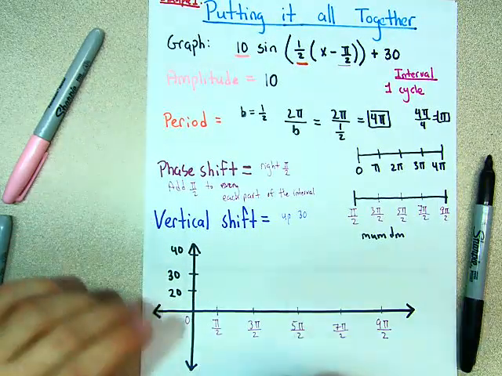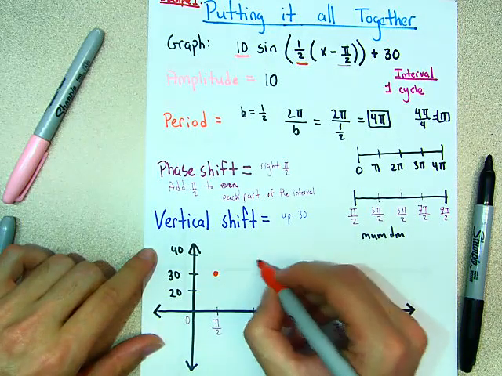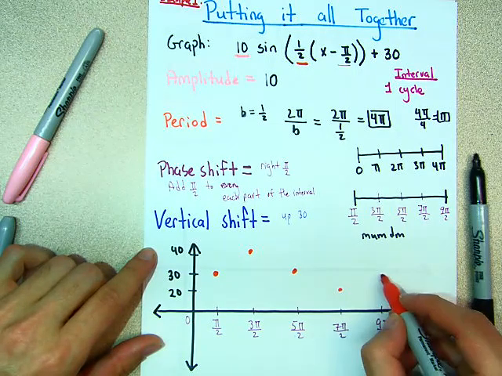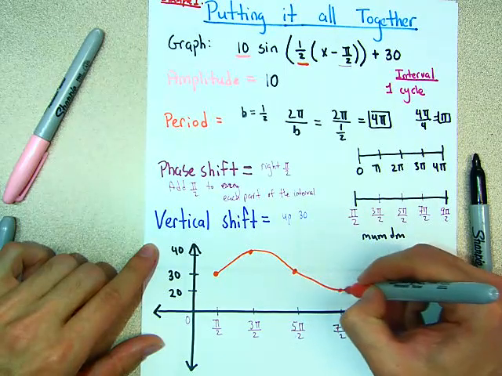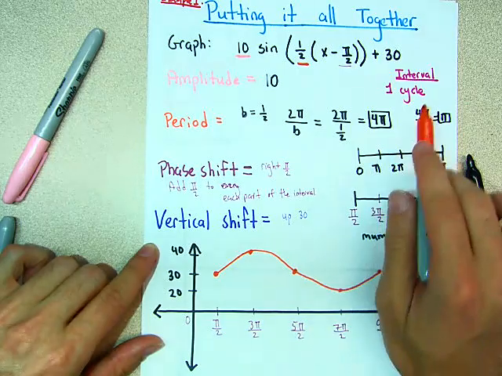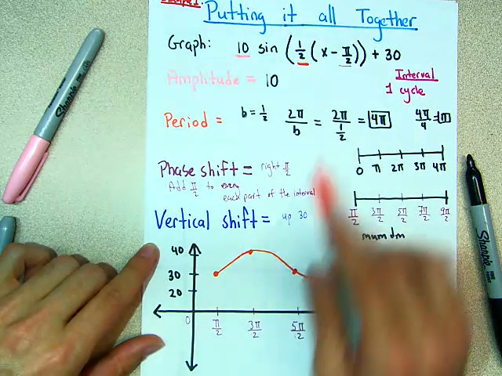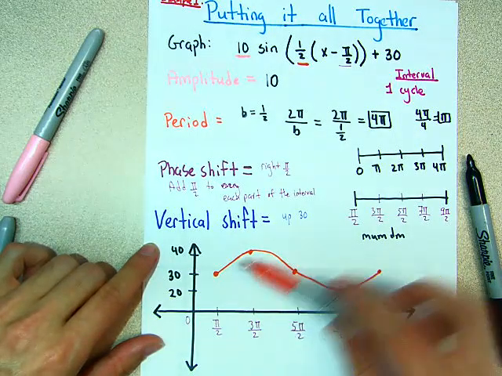So this is what we do normally. Here, we have middle, up, middle, down, middle. And this is it. Remember, we didn't start at 0 because we had the phase shift to the right. If we didn't have the phase shift, we always started at 0, but there's a phase shift to take into consideration.